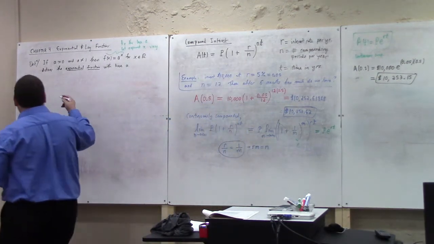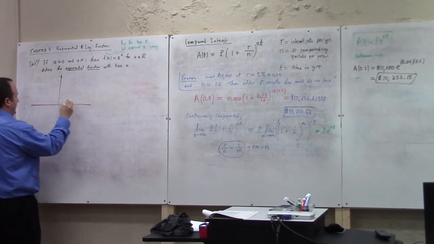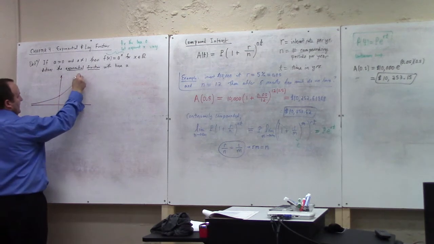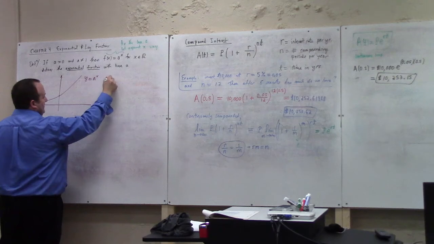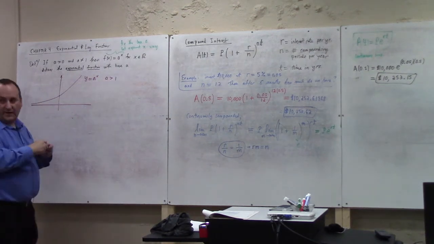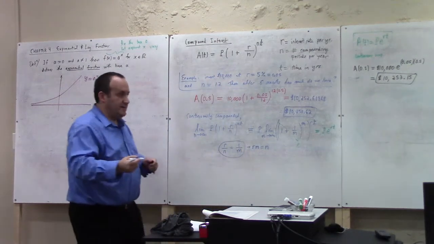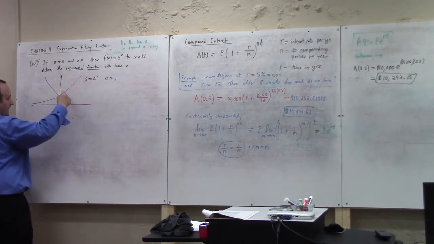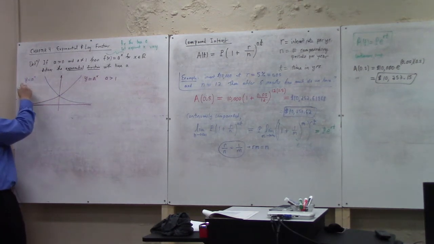Just to give a summary here, what do we have? We have the y-intercept is 1, right? And so this would be like y equals a to the x, where a is greater than 1, right? That's what the graph looks like. On the other hand, if a is between 0 and 1, then it looks like this.